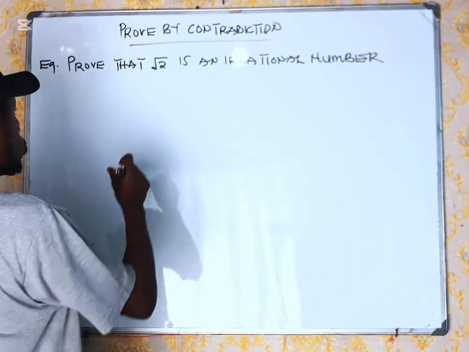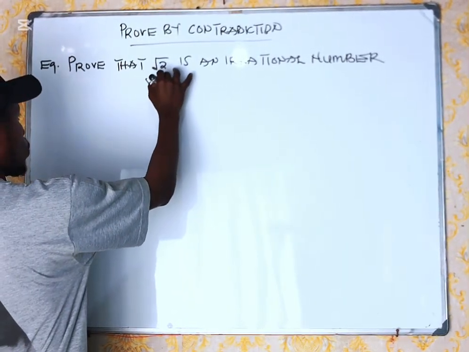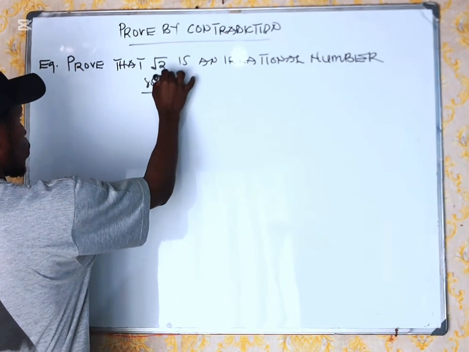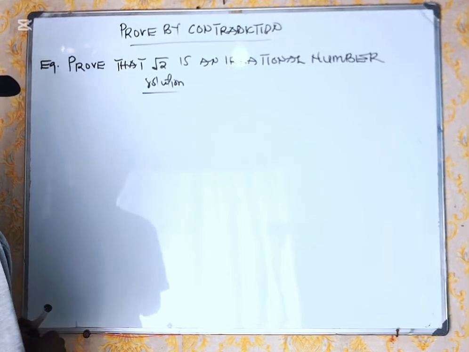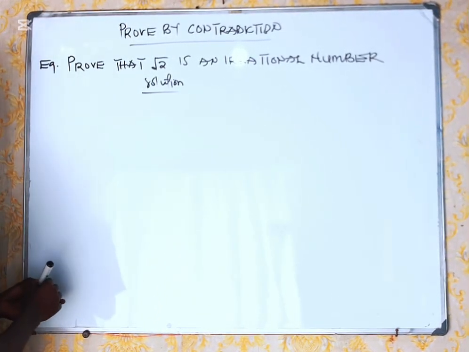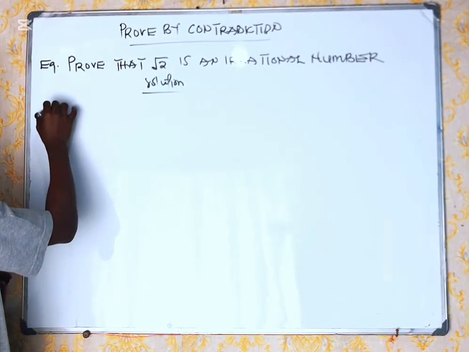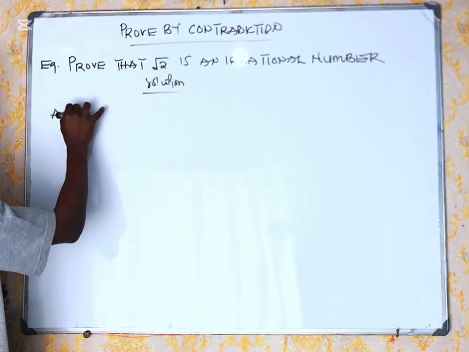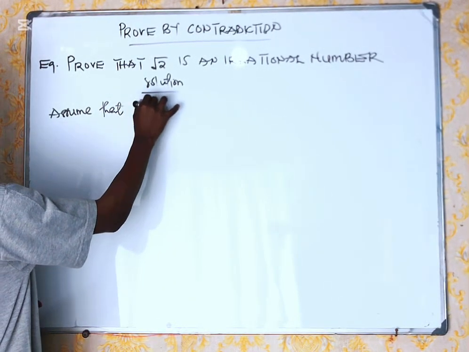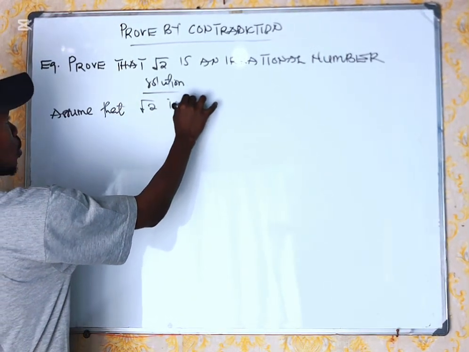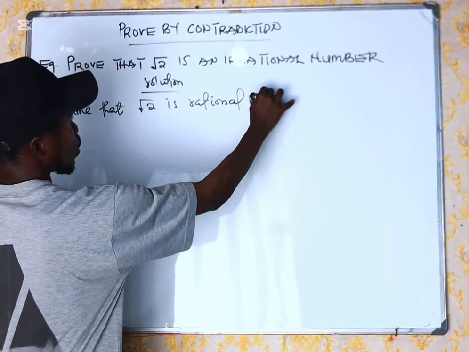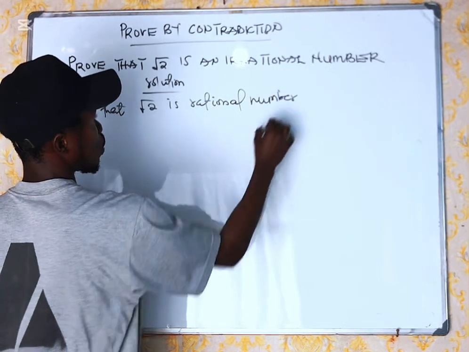So the first thing to do is this. We know that you say, assume that root 2 is what? Rational number.